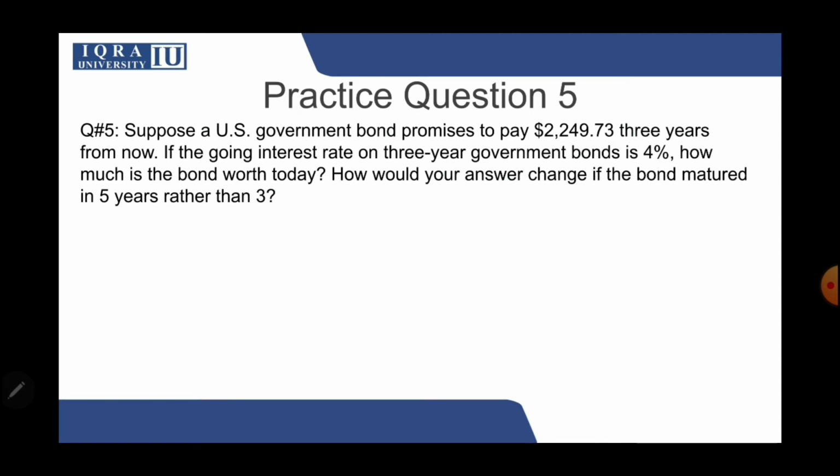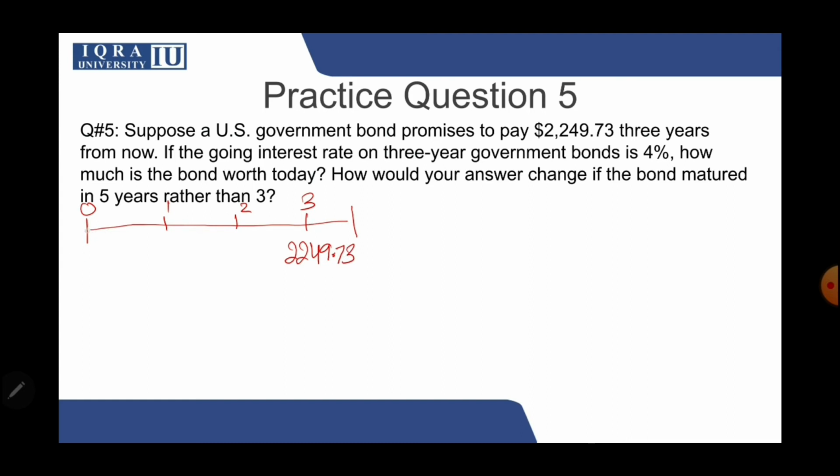Moving ahead to the next question. In practice question number 5, suppose a US government bond promises to pay 2249.73 3 years from now. Okay, so I'm going to make a timeline. So the US government bond will pay 2249.73 3 years from now.